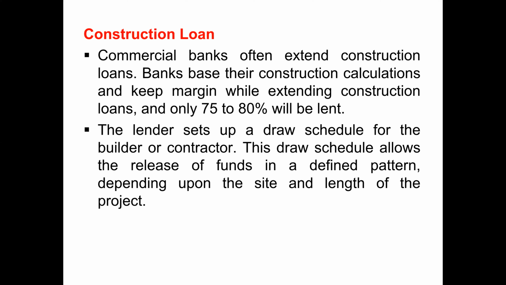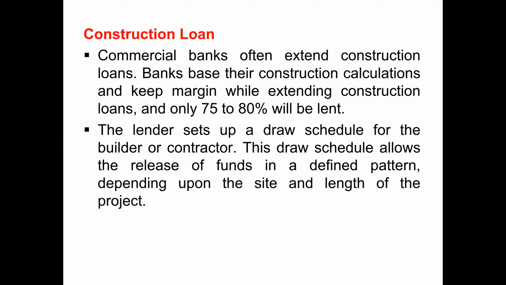The lender sets up a draw schedule for the builder or contractor. This draw schedule allows the release of funds in a defined pattern depending upon the size and length of the project. So once this loan is approved, the lender is going to give this loan according to the schedule.